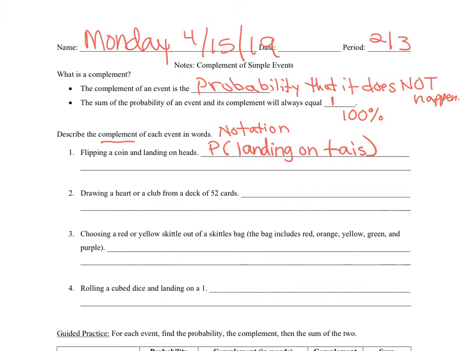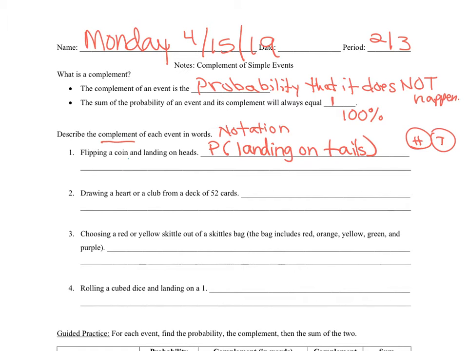Okay, because there's an H on a coin and there's a T on the coin. And the opposite would be tails. Maybe I could spell it correctly. Okay, and the probability, let's get rid of that. Go to the next one.